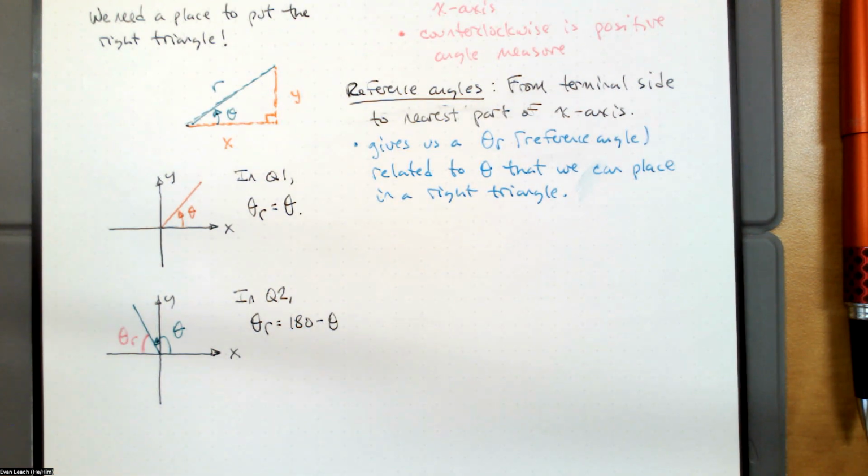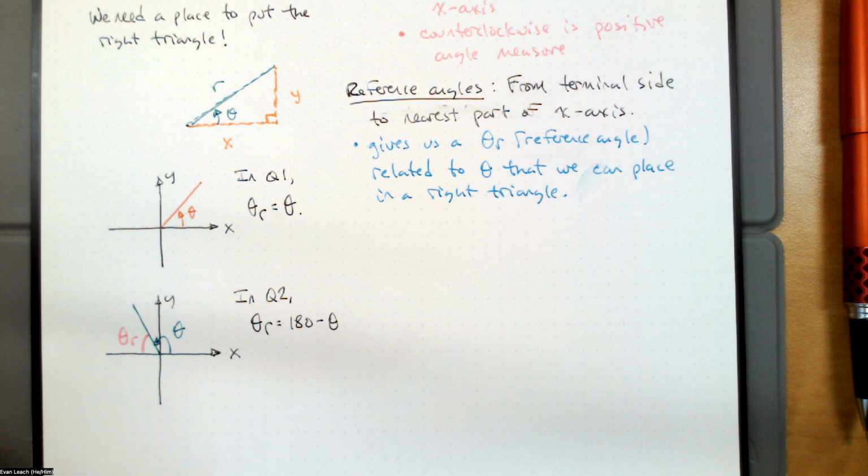Notice I didn't put a direction on the reference angle. It's just an acute angle. That's where we're going to draw the right triangle. We're just trying to take our old stuff and stick it in the new stuff. Old stuff being right triangle trigonometry. We're just trying to take that and put it into this coordinate business.